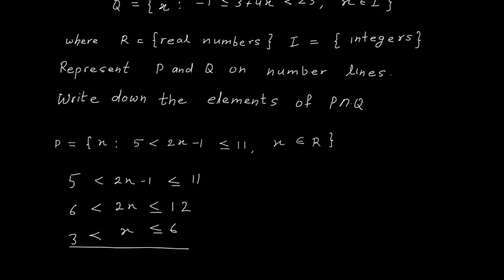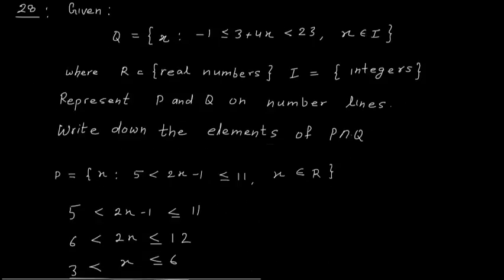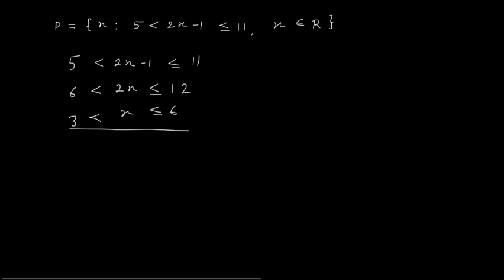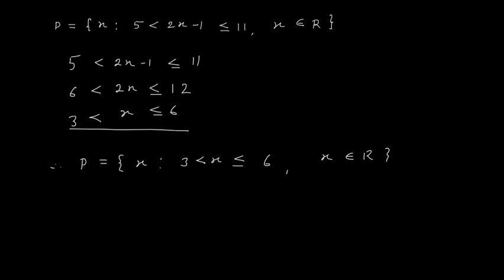Now here x belongs to real number. I have to represent this on number line. So therefore I will say that P is a set of x where x is greater than 3 and less than or equal to 6 and x belongs to real number. This is P, and on number line we draw a number line.